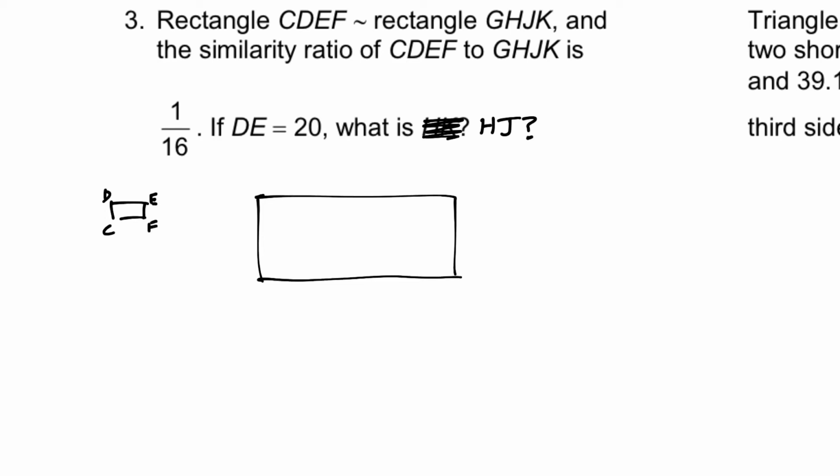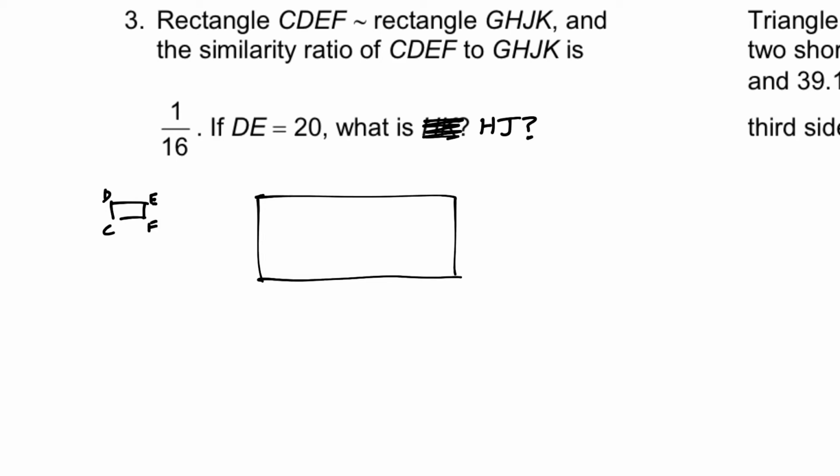Now when I label the other rectangle, the large one, they are similar, so I have to match the vertices up in corresponding order. And again, when you do this, you can't cut across diagonally, you must wrap around.